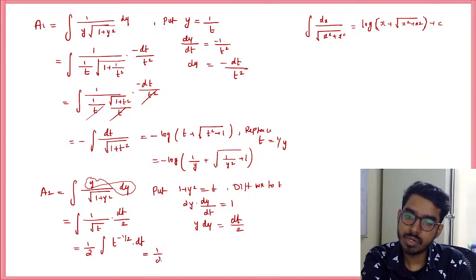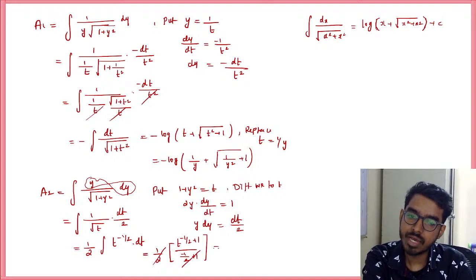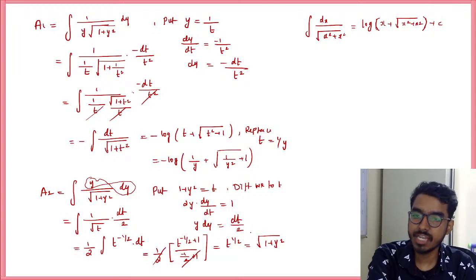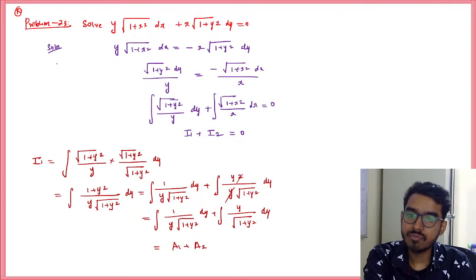So this will be 1 by 2 into t power minus 1 by 2 plus 1, divided by minus 1 by 2 plus 1. These two will get cancelled. So we have this to be equal to t power 1 by 2. Now replace t with 1 plus y square. So this will be root of 1 plus y square. So root of 1 plus y square is the a2 value.